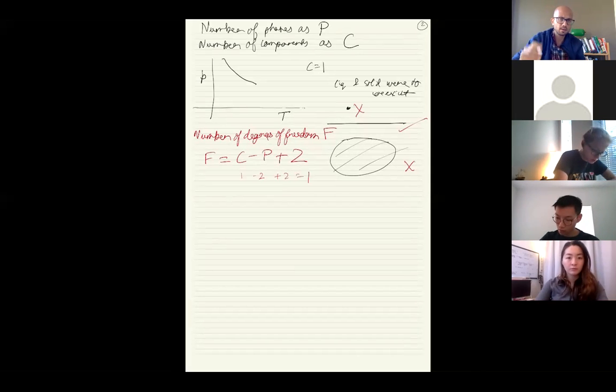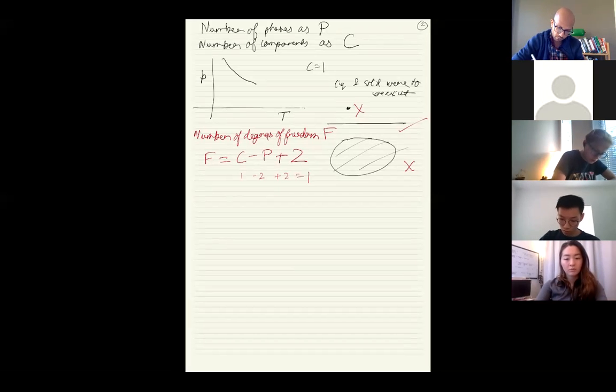And in a 2D plane, 1 degree of freedom means a line. In a 3D plane, it might mean something else, but in a 2D phase diagram, 1 degree of freedom means you can only vary one parameter at a time. If you had F equal to 2, then you would have had a whole surface.